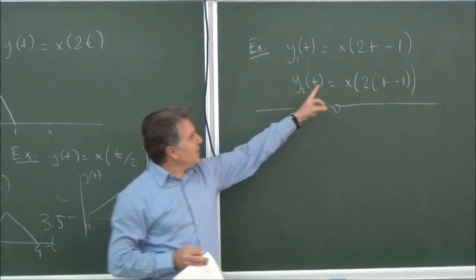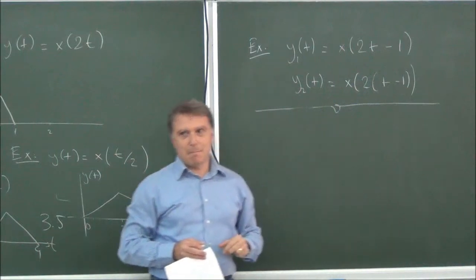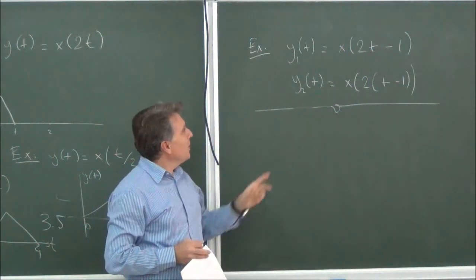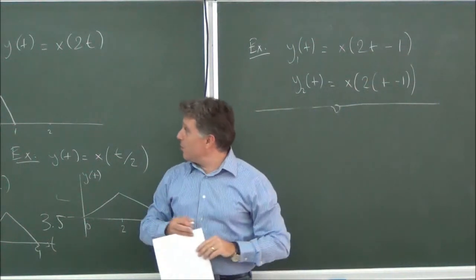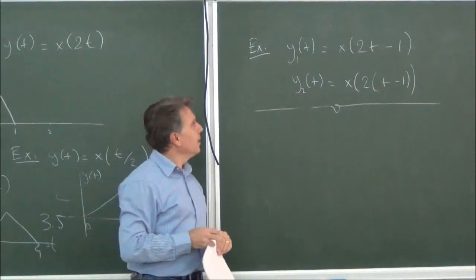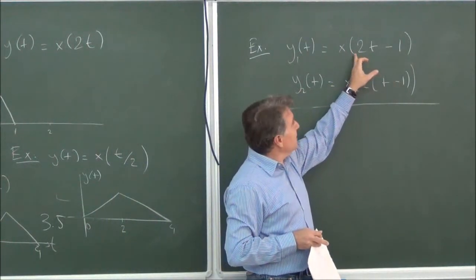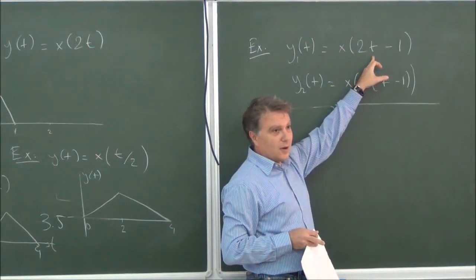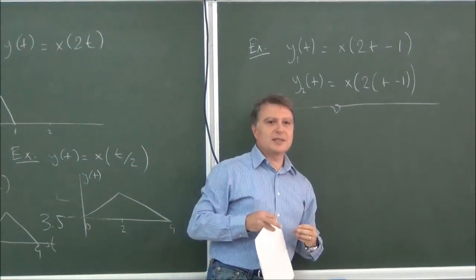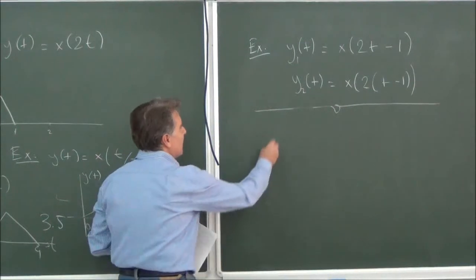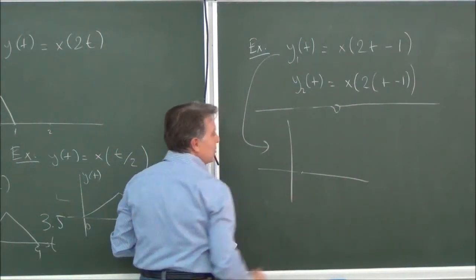When t is equal to 1, this makes x of 1. Right? When t is equal to 0, this makes x of minus 1, and the x of minus 1 is 0 anyway. When t is equal to 0.5, it makes x of 0. So at 0.5, it starts, it moves to the starting point. So the first one starts from 0.5.